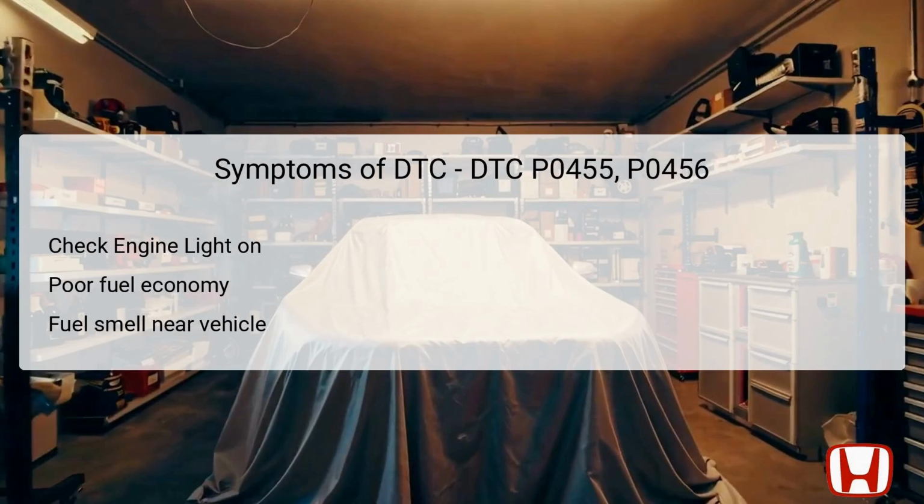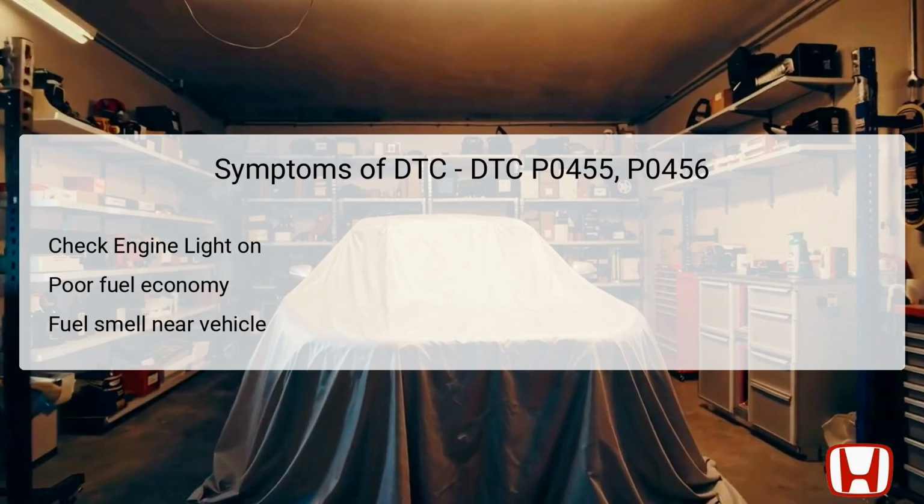When encountering DTC P0455 or P0456, several symptoms may manifest. Most notably, the check engine light will be illuminated on the dashboard as a warning sign of the EVAP system's malfunction. Drivers might also experience poor fuel economy, as the system's inability to handle fuel vapors efficiently can affect fuel consumption rates.